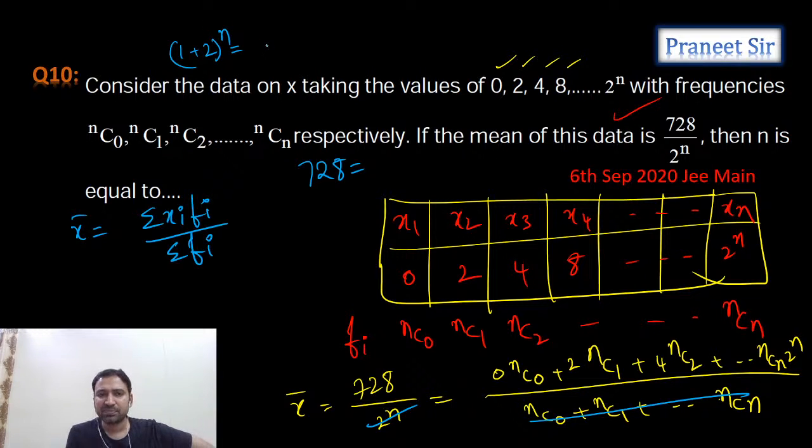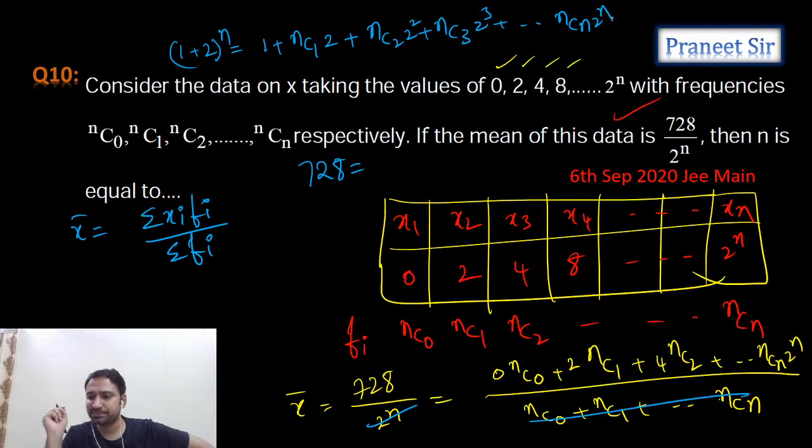This is 1 plus nc1 into 2 plus nc2 into 2 square plus nc3 into 2 cube plus and so on up to ncn into 2 power n. Guys, is it clear? So this whole thing is actually 3 power n.